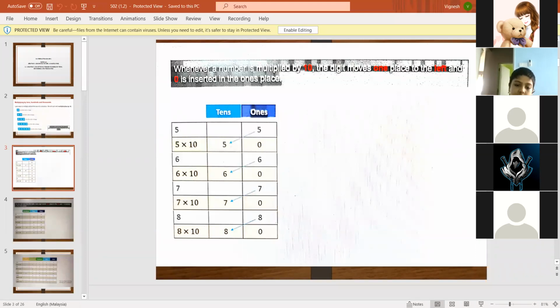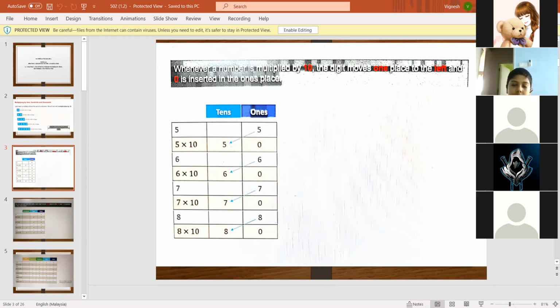Yes, teacher. Correct. Okay, and the example here is 5 multiplied by 10. Can you all see? Initially, the 5 is at the ones place. And when you multiply it by 10, it moves to the left place, and you need to insert 0 at the ones place here.